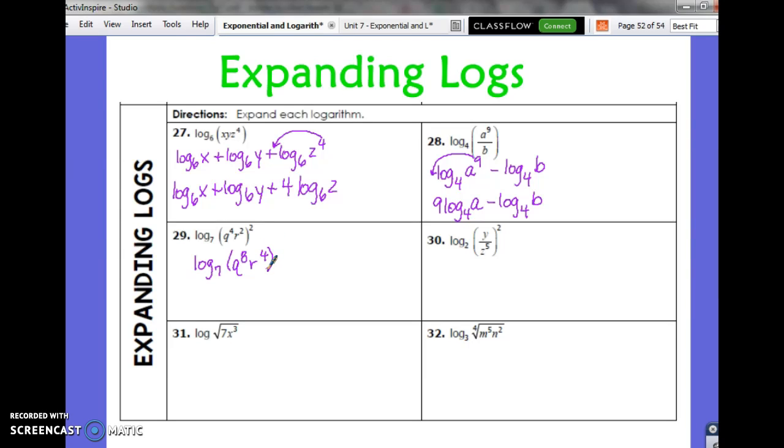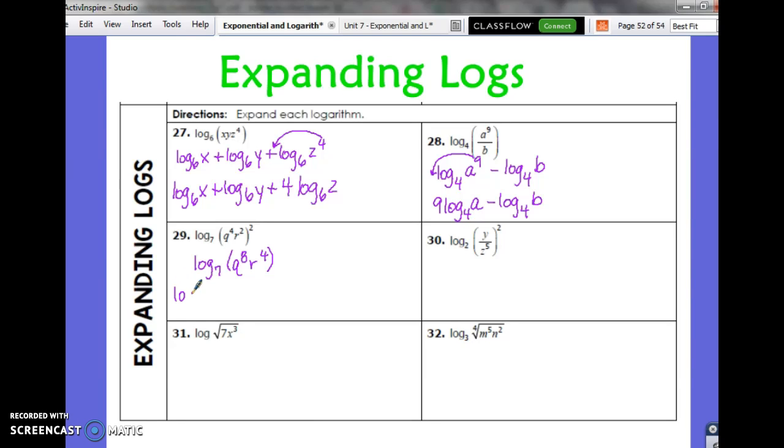Because again, sometimes if you use that power rule, when you have things that you're going to split apart later, it becomes questionable as to what you do with something that you bring out front when you start to split these things apart. So if you go ahead and give away that power, then that's one less thing you have to consider later. So now, since I have log of a product, I'm going to expand that using addition.